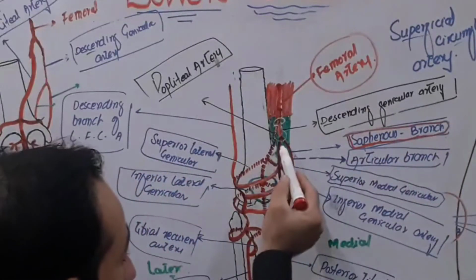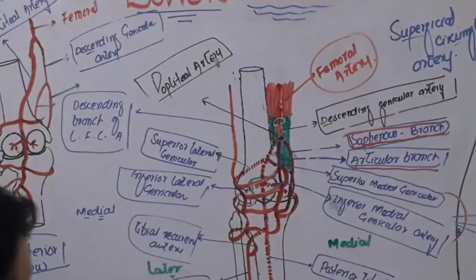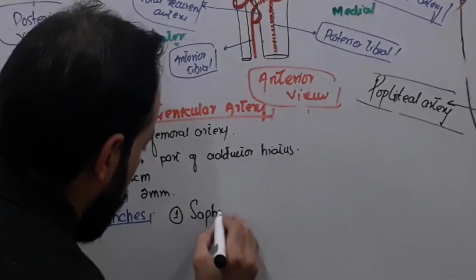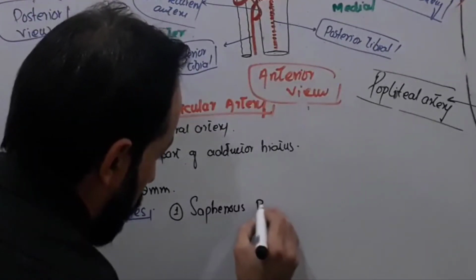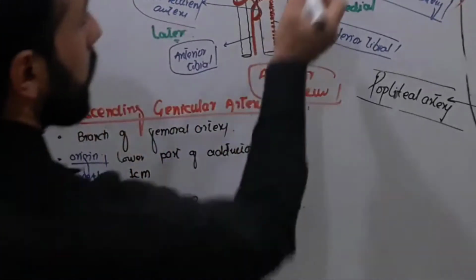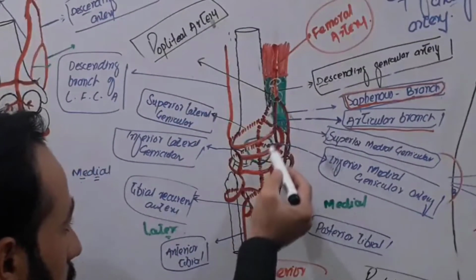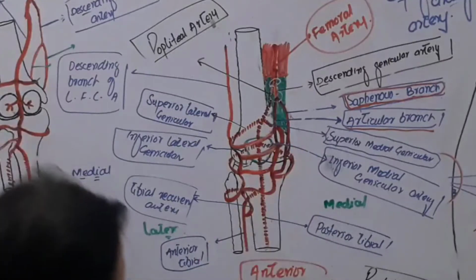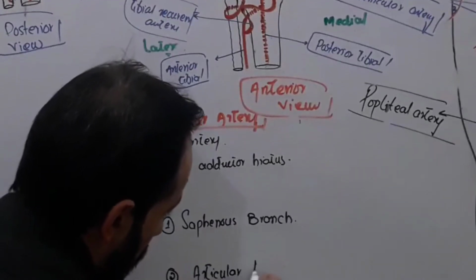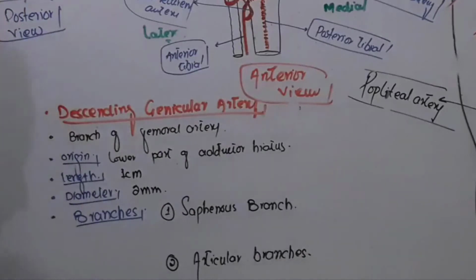And the second branch is the articular branch, articulating around the knee. How many branches from it? Two branches, the saphenous branch and the articular branch.